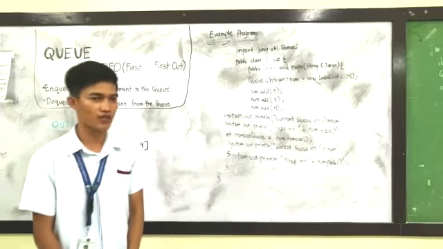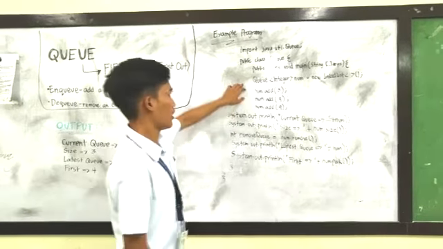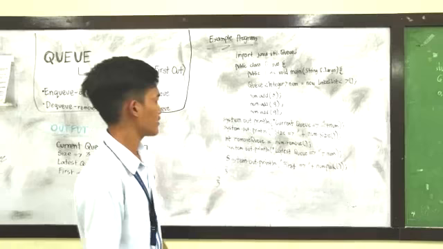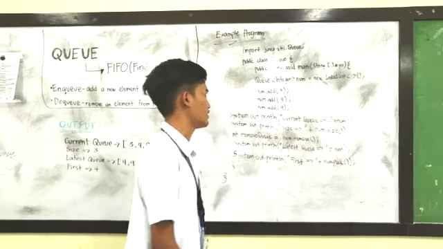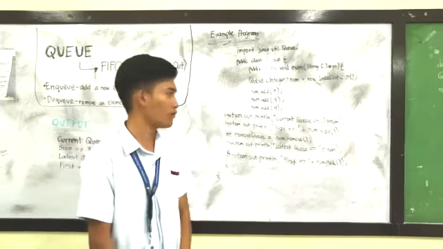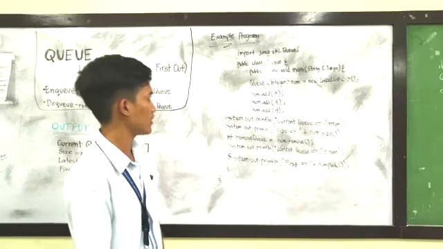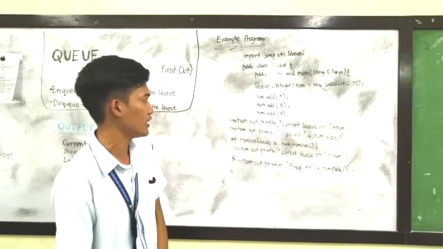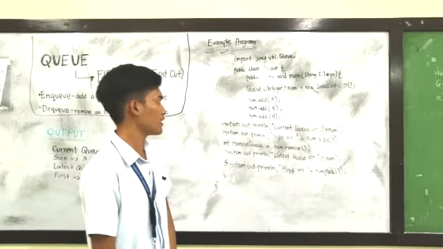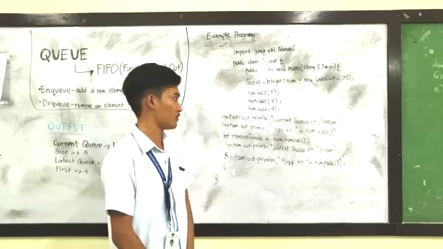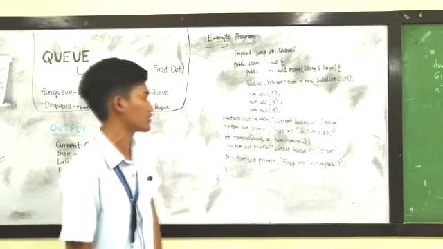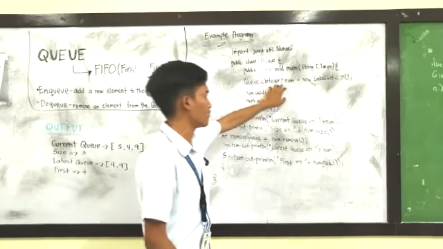For the syntax of the program, we must use Queue and the greater than and less than symbols, and the data type is whatever the user wants. But in this program, we use Integer, a kind of data type that accepts whole numbers.